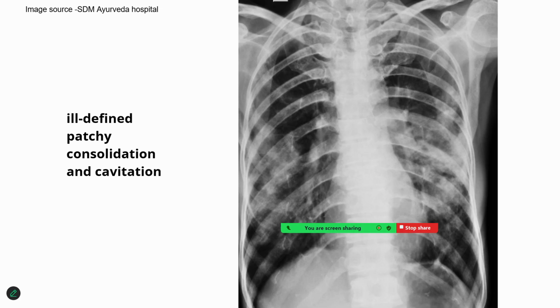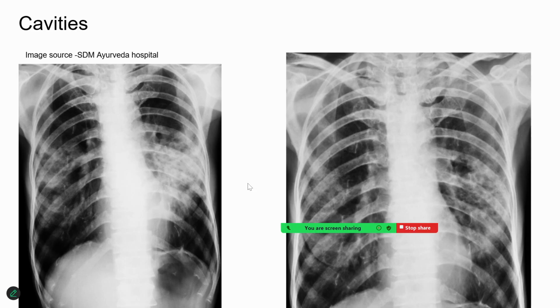The patchy lesions may gradually progress into cavitation. The caseating substance in the center may become cavitated, so you will have some of these empty spaces. Here also you can see some areas where the air tends to fill into that gap of the consolidations, and that's how it results in cavitations.